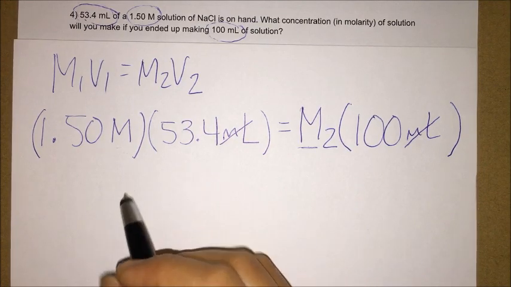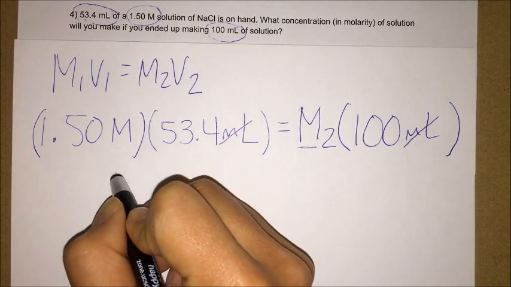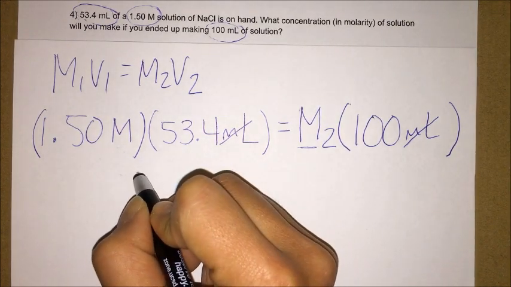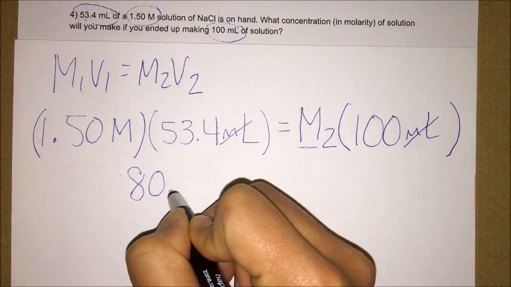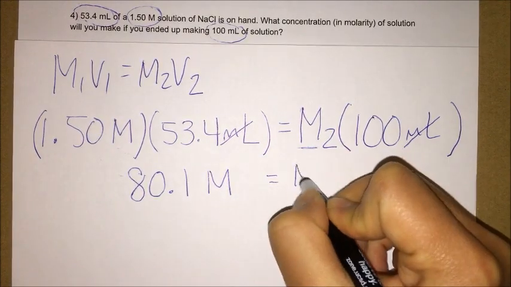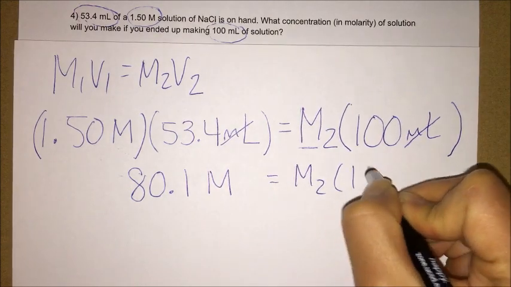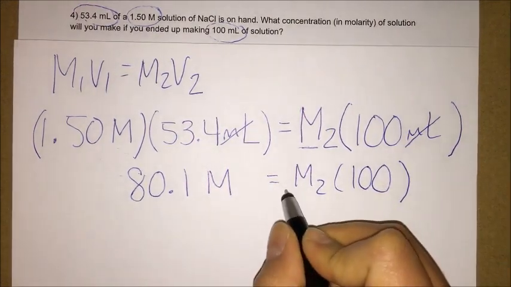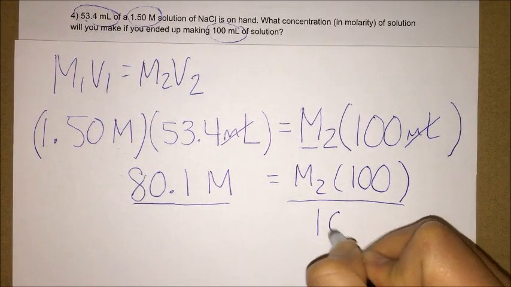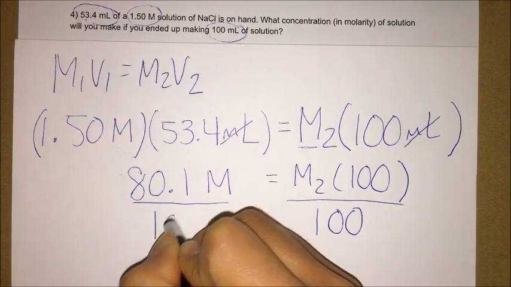If we solve the left side first, you will get 1.50 times 53.4 is equal to 80.1 molarity. This is equal to M2 times 100. To solve for M2, you're going to divide both sides by 100.